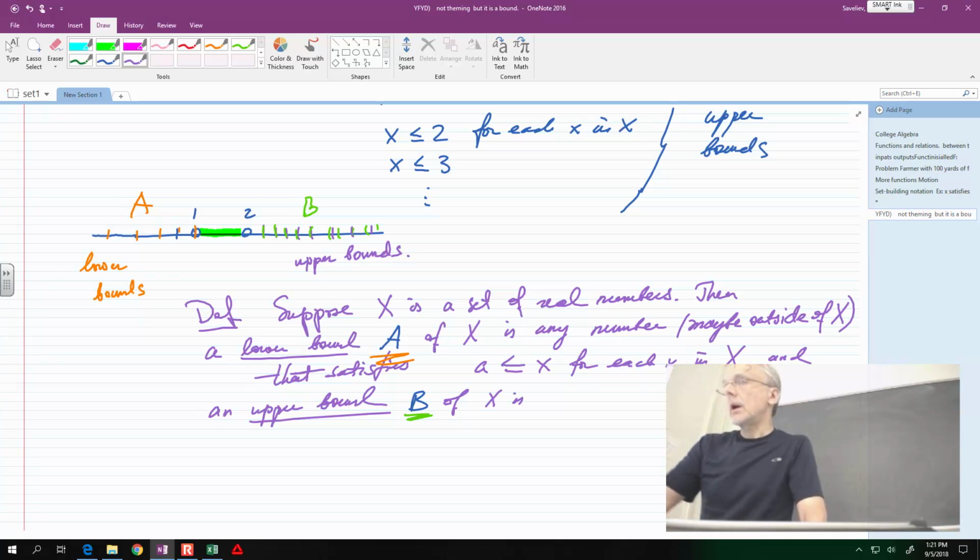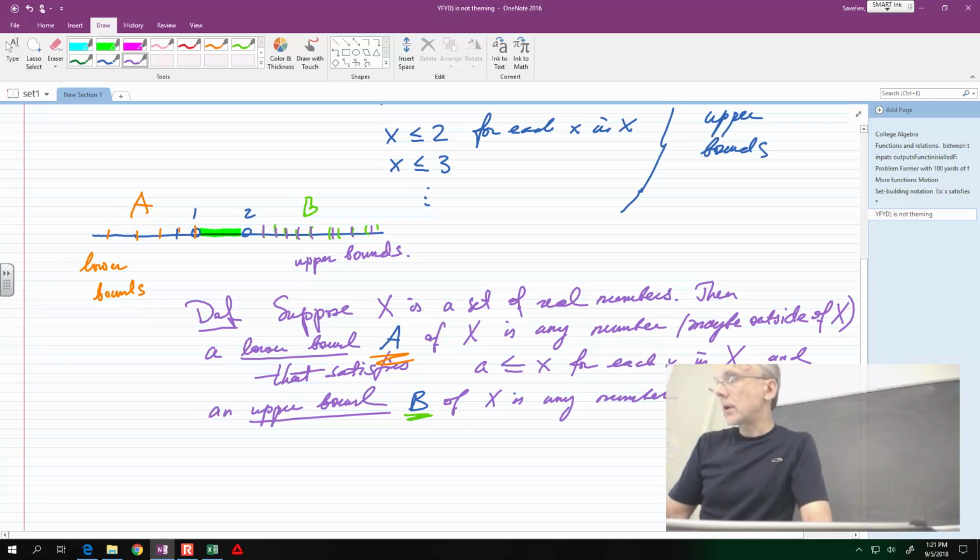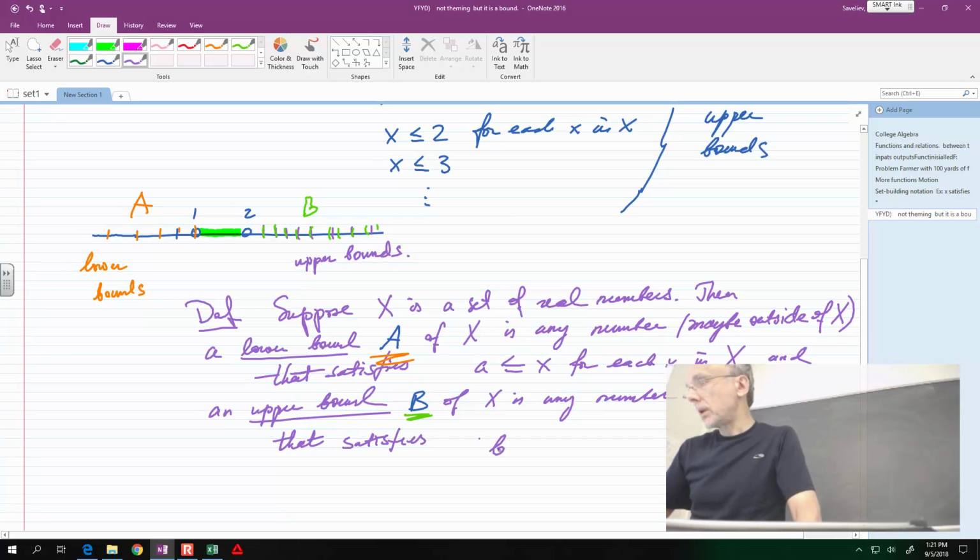So what is it? It is any number, once again, which might lie outside of X, that satisfies B larger than or equal to x for each x in X.